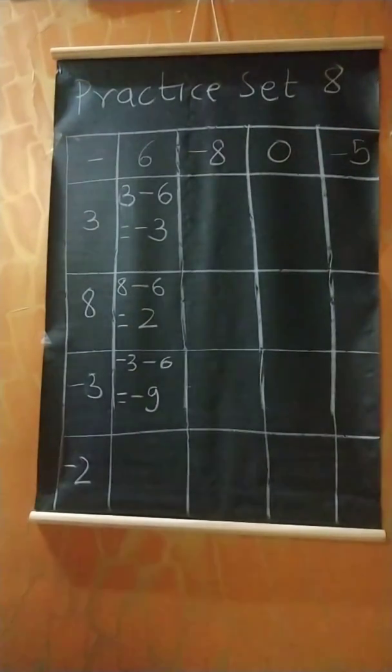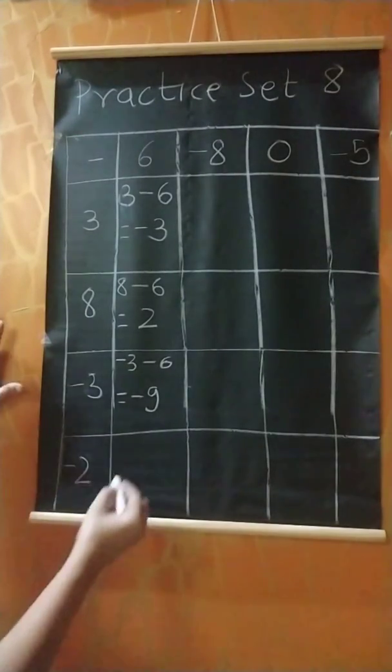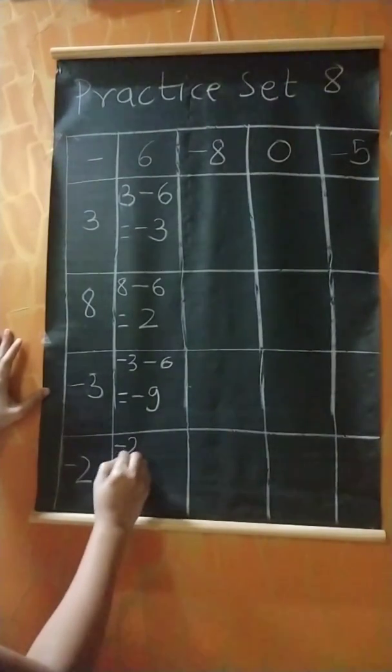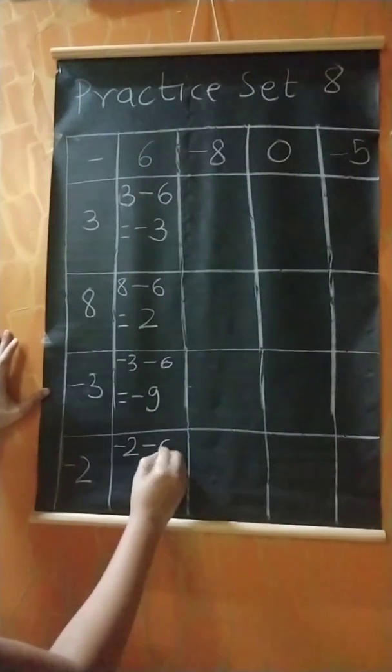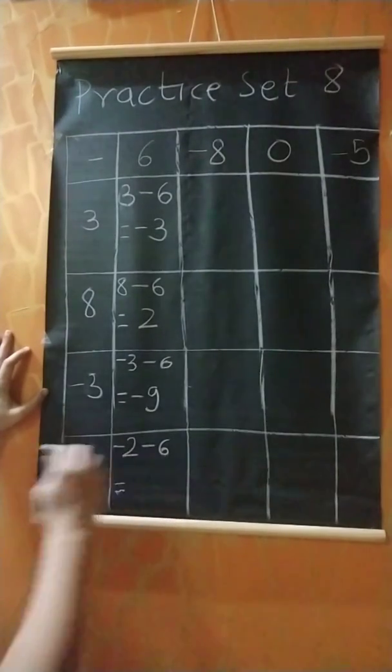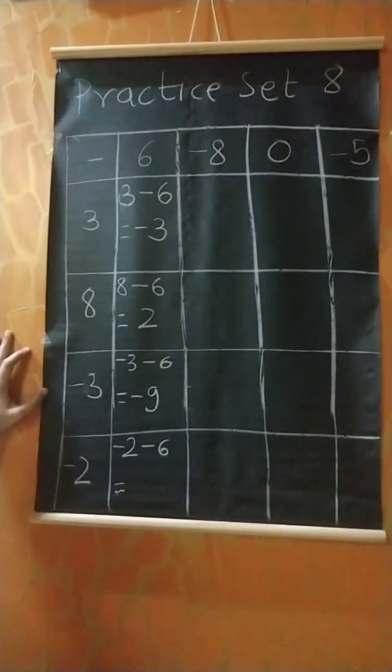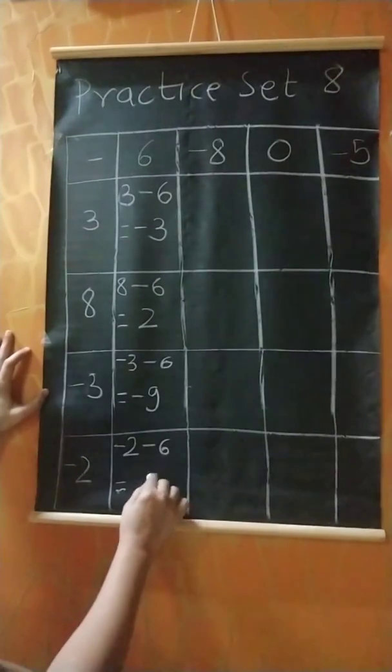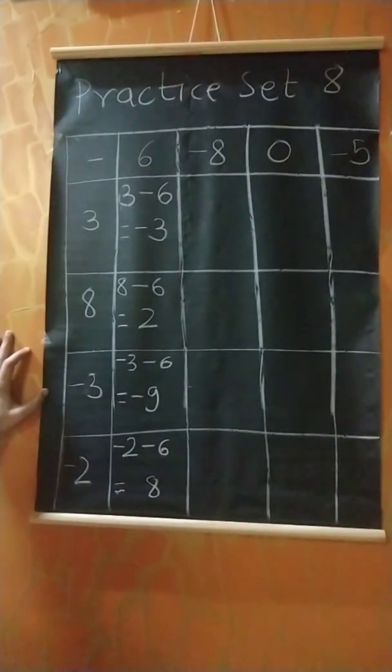Okay, next, minus 2 minus 6. Here also both have the same sign, so you add the two numbers: 6 plus 2 is 8, and your sign will be minus.